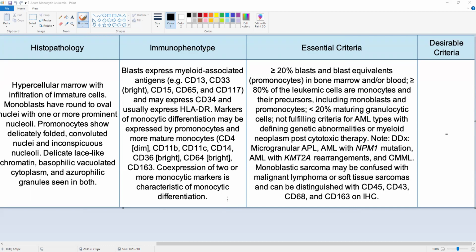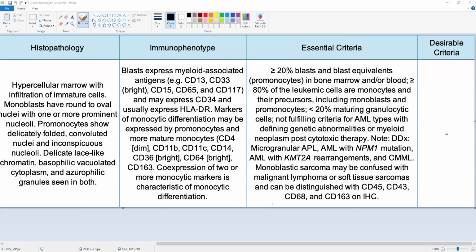Markers of monocytic differentiation may be expressed by promonocytes and more mature monocytes, like CD4, which can be dim, CD11b, CD11c, CD14, CD36, which tends to be bright, and CD64, which tends to be bright as well, and CD163. Co-expression of two or more monocytic markers is characteristic of monocytic differentiation.